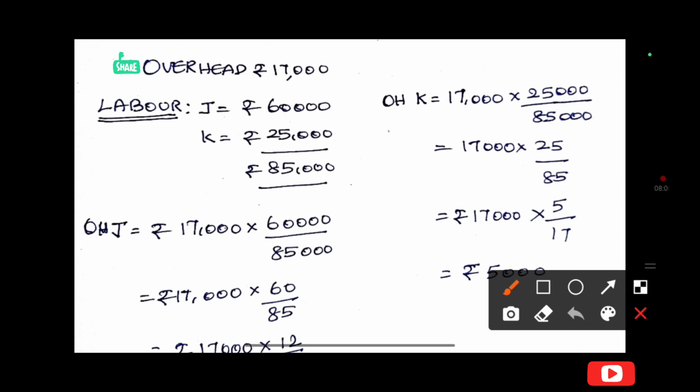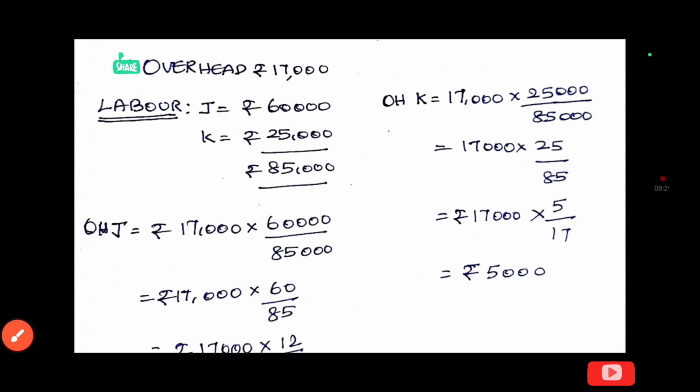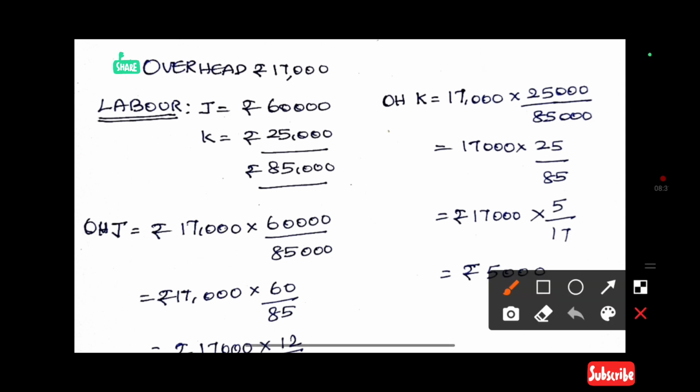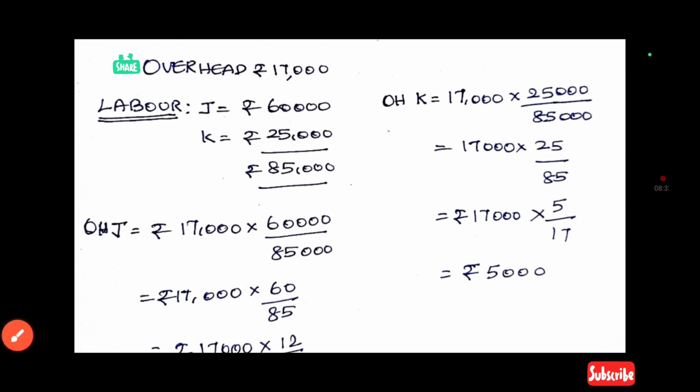First of all, we need to simplify this labor cost. How can you simplify this? The 0 is to be cancelled against this 0. Then you will get 25 divided by 85, right? Again, you can simplify this value. Divide both values by 5. 5 fives are 25. Then 17 fives are 85, right? So what is the ratio for labor? 5 is to 17.